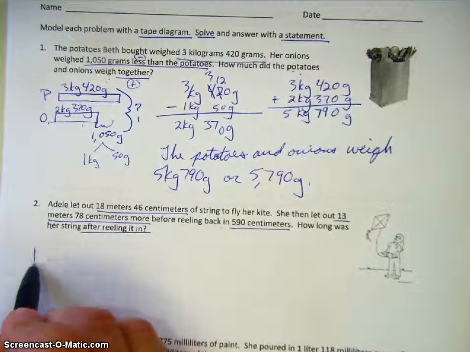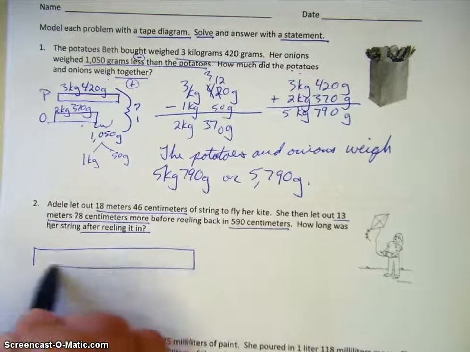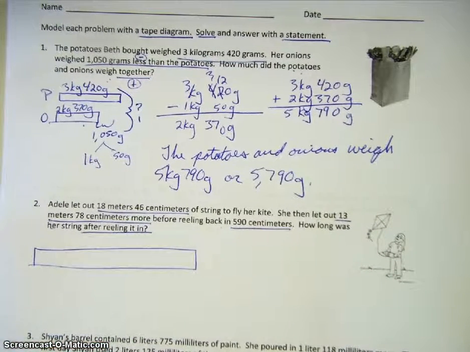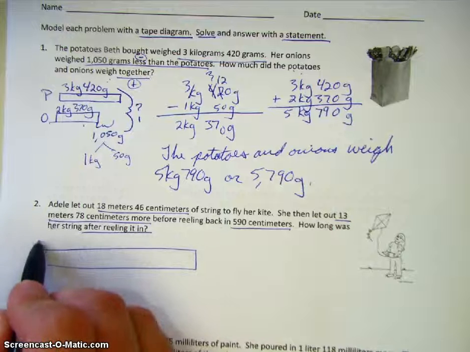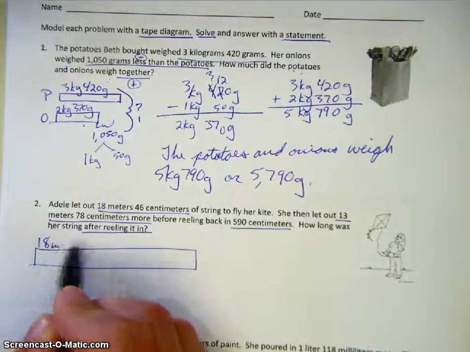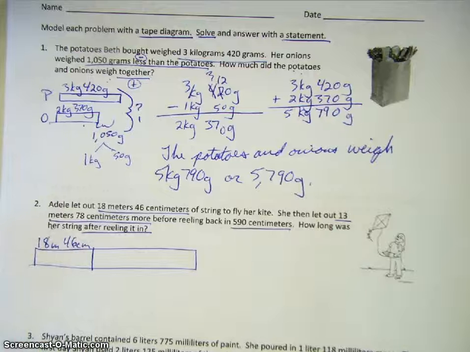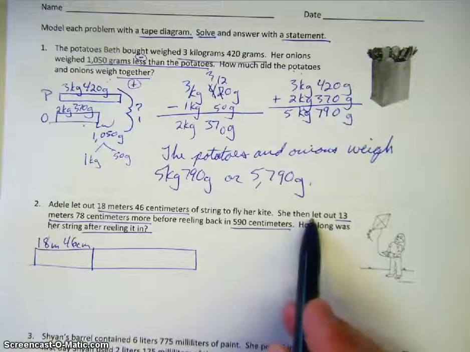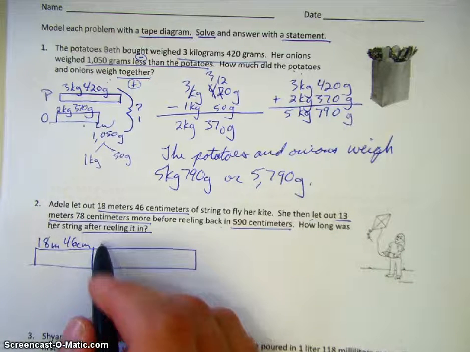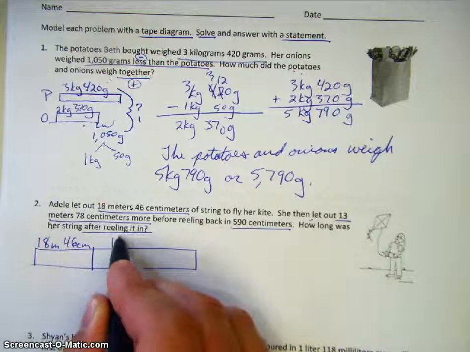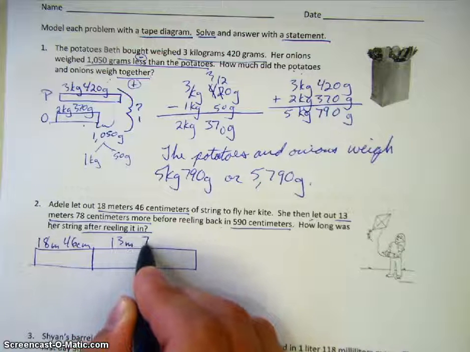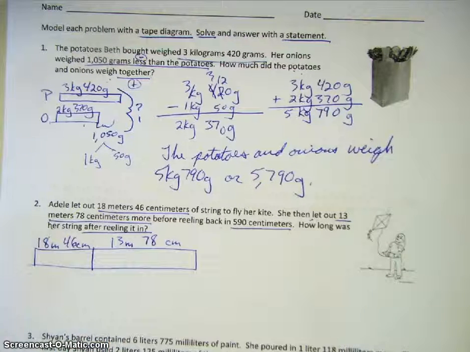So we've got our length of string. So we have our first, we have 18 meters, 46 centimeters gets let out. All right, well then she puts out another 13 meters, 78 centimeters.